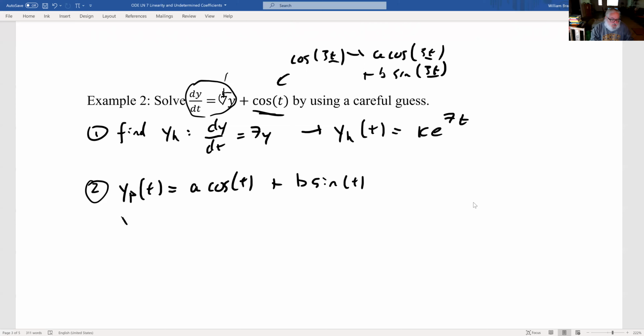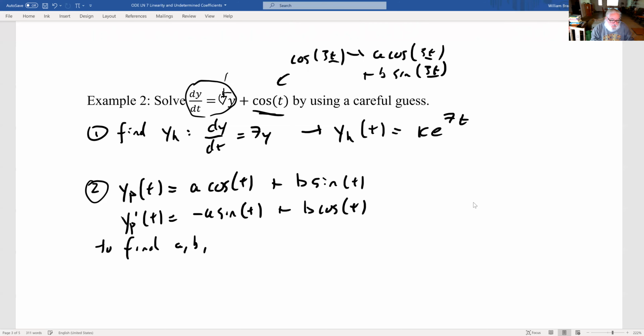So what's the derivative of that? The derivative of cosine is minus sine. The derivative of sine is cosine. So to find out what a and b are, those are undetermined coefficients, we just plug this into this whole equation.